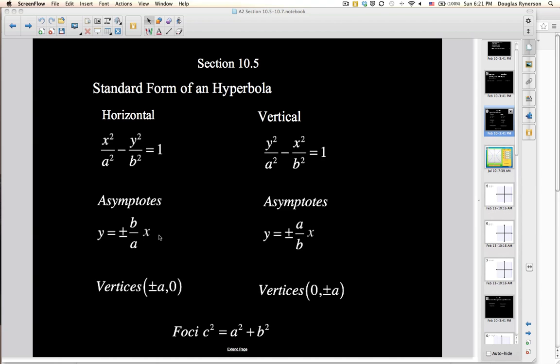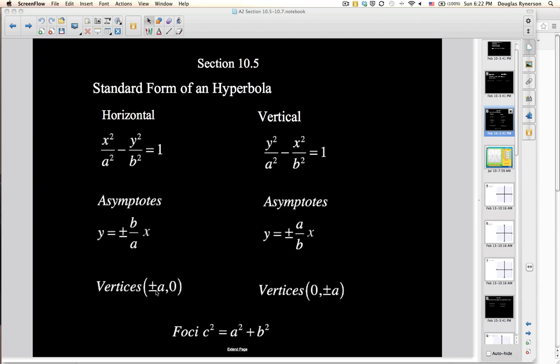So even though they change which is a and which is b, that relationship, rise over run, remember, if it's relating to y, it's going to be rise. If it's relating to x, it's going to be the run. A is the distance from our center to the vertices of our hyperbola.